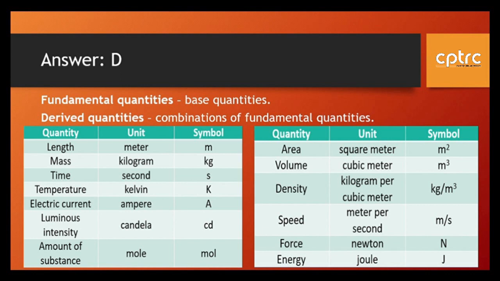These are length, mass, time, temperature, electric current, luminous intensity, and amount of substance. And each of those quantities has a fundamental unit as well. So for luminous intensity, the fundamental unit is candela. While the derived quantities on the right side are the following: area, volume, density, speed, force, energy, etc.